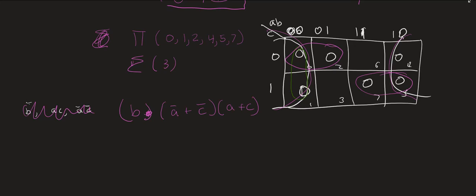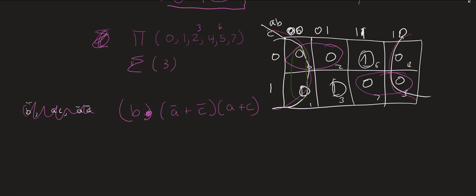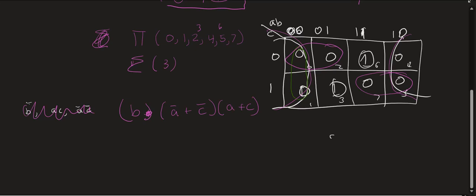product of sums. It doesn't mean it's the lowest cost, because there were actually two min terms in there. So if we did the min terms, they're very small circles, but there's only 2 of them. So the min terms are A bar B C plus A B C bar.